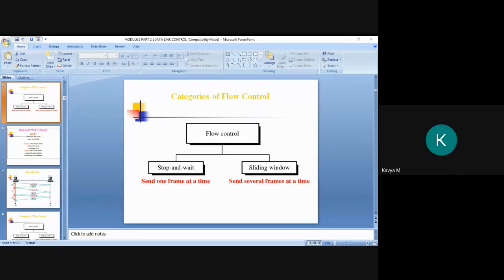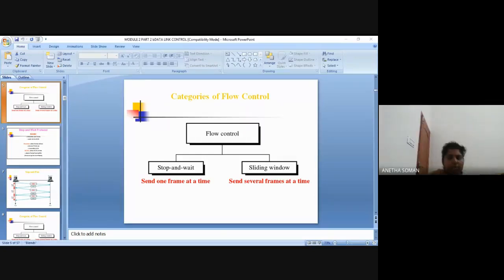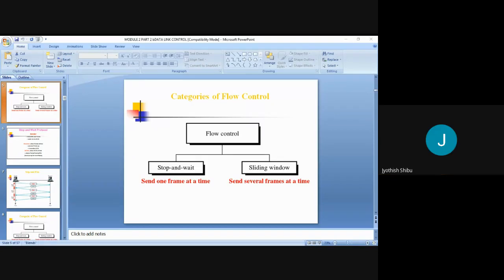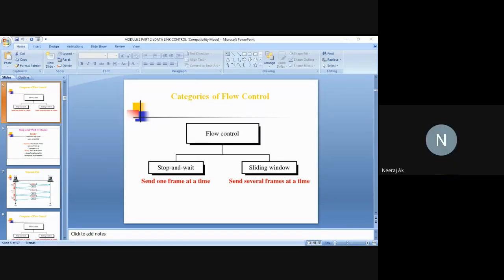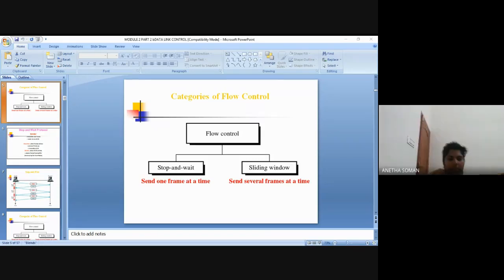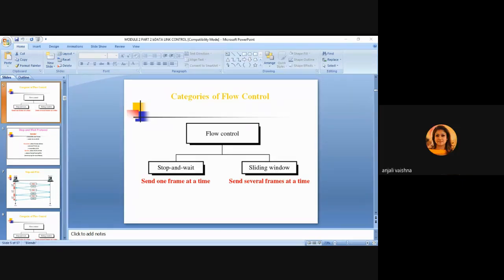Nachiket, Neeraj, Neerajana, present, miss. Rangeet, Vaishna, Vaishnav, Anjali, present, ma'am.